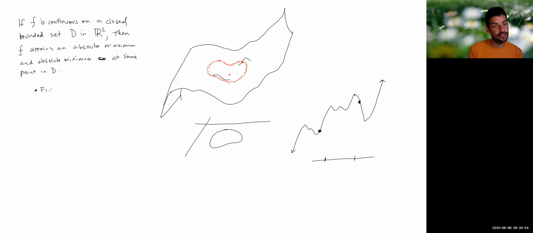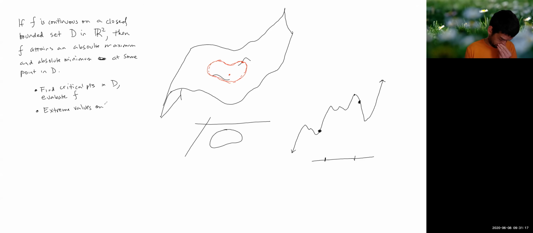We find the critical points in D and evaluate, meaning find the value of f at those points. Find the extreme values, let's say, of f on the boundary.